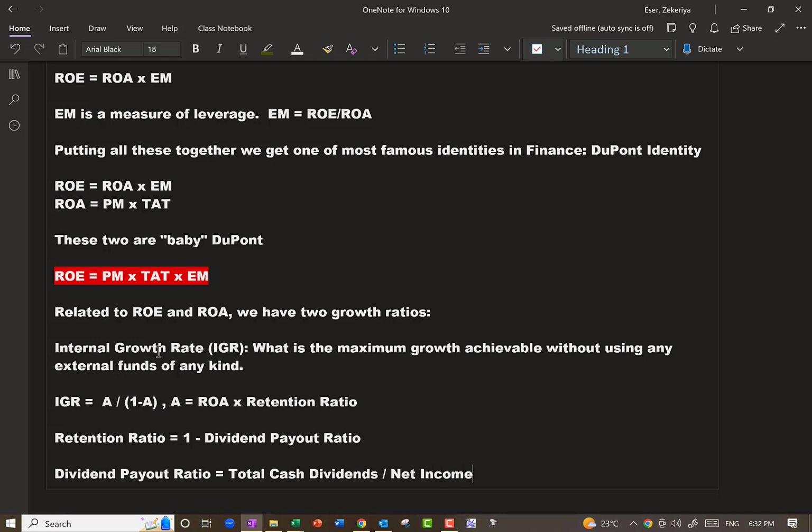So for each dollar of net income, how many cents of dividend you pay out? Retention is how much of it you keep within the firm.